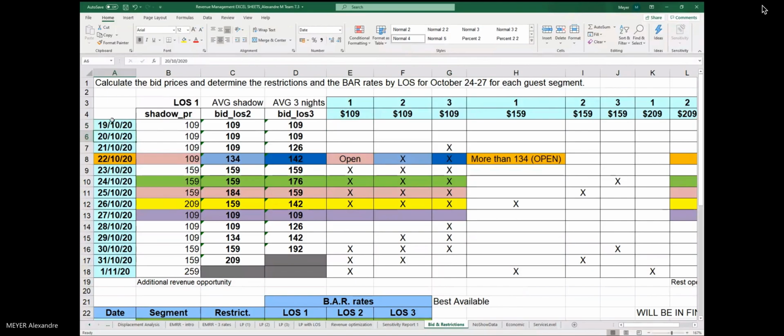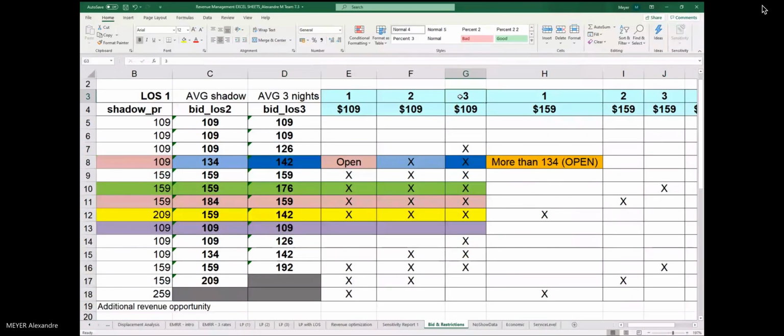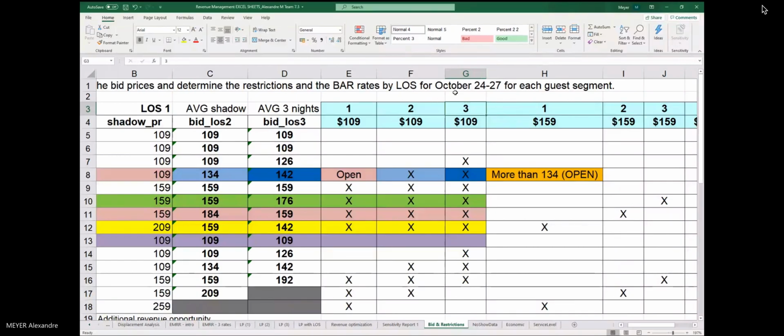It's the same principle for the 20th, but then on the 21st, you see that for LOS 3, your bid price is at 126. So now that the bid price is greater than the rate allocation, or the rate class, here you would close. The reason being that on a length of stay of 3, your room is worth $126.